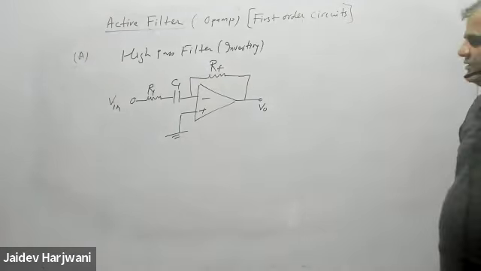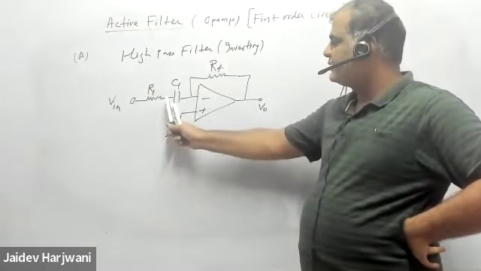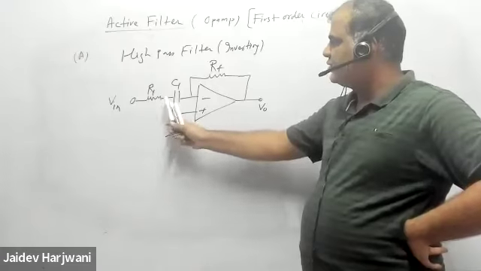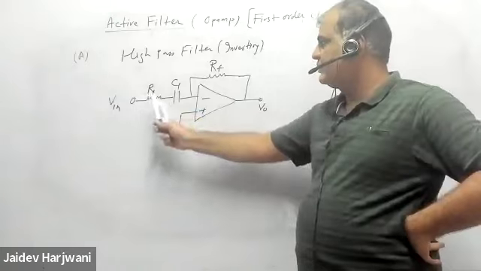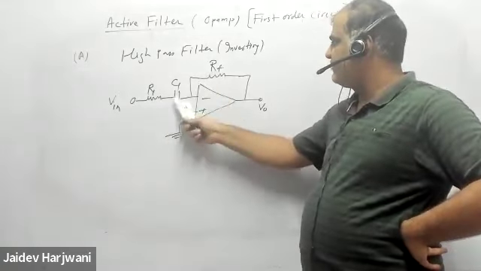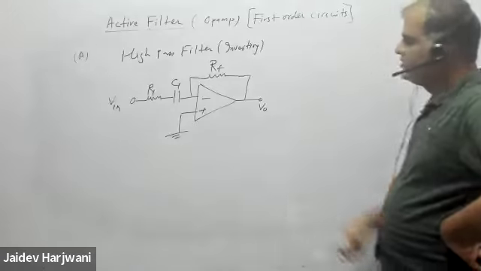Now write the gain formula here again. You see, if it is DC, this is open, and then nothing reaches. What happens if this is open? If it is infinite, then the gain will be 0.